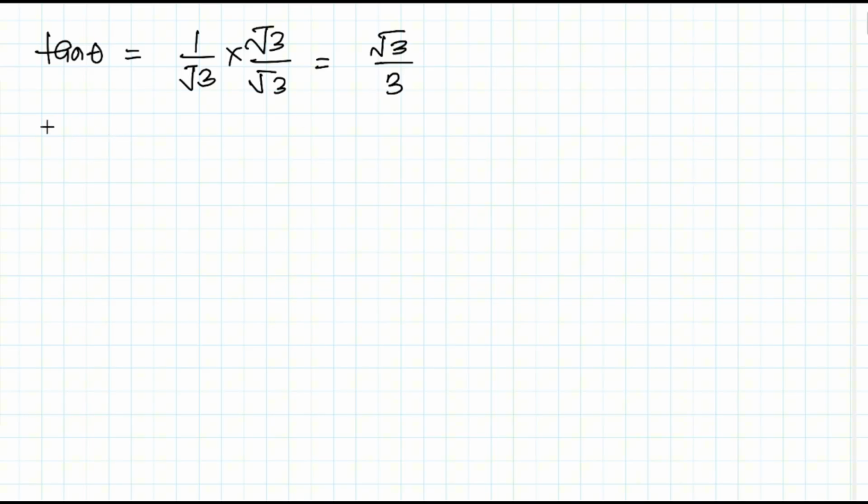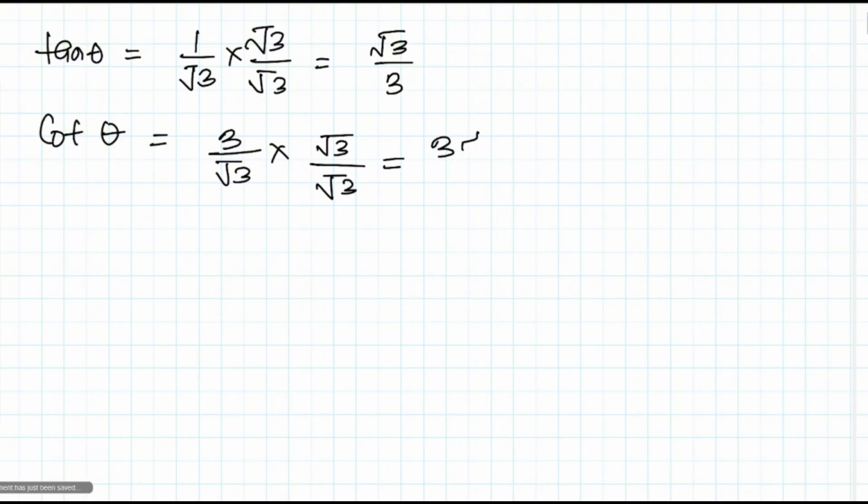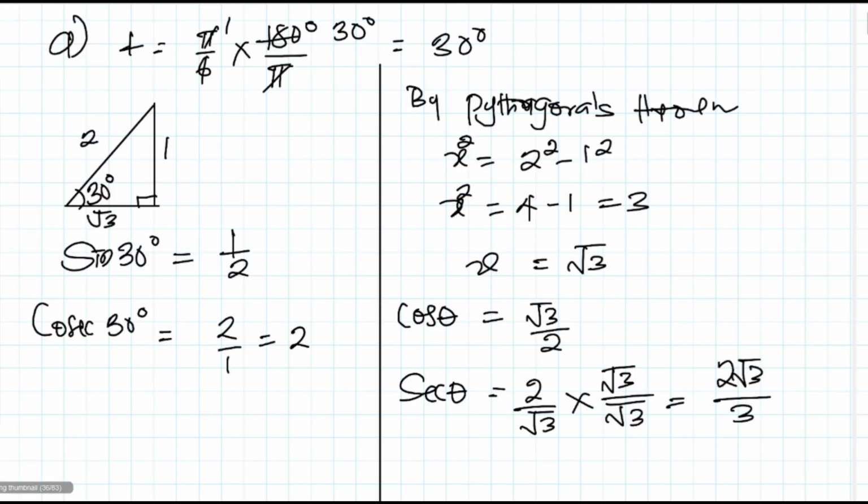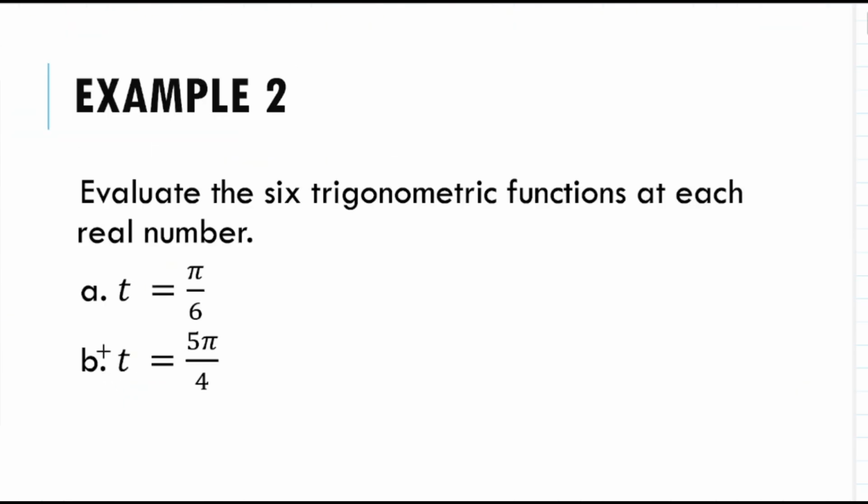So cot theta will be equal to 3 over root 3, and then you rationalize again, so that will be 3 root 3 all over 3. So 3 goes in 3, we have root 3. And these are the 6 trigonometric ratios of that angle. So this is what you do when you are given this kind of special angle.